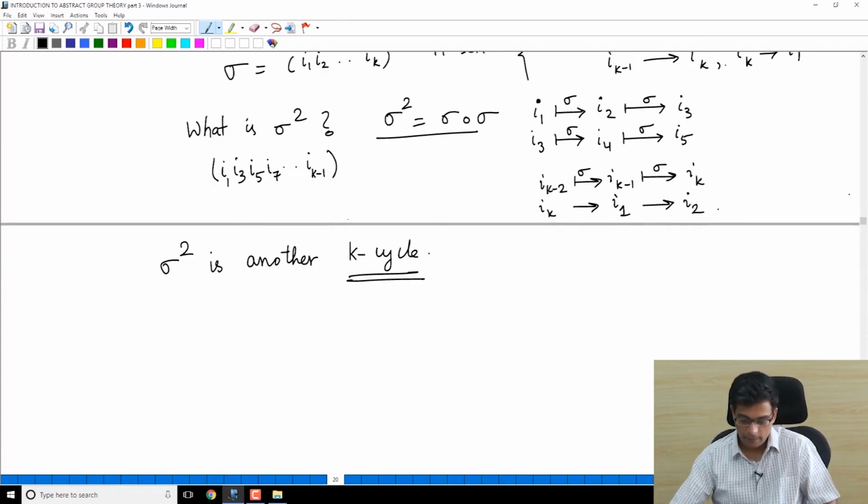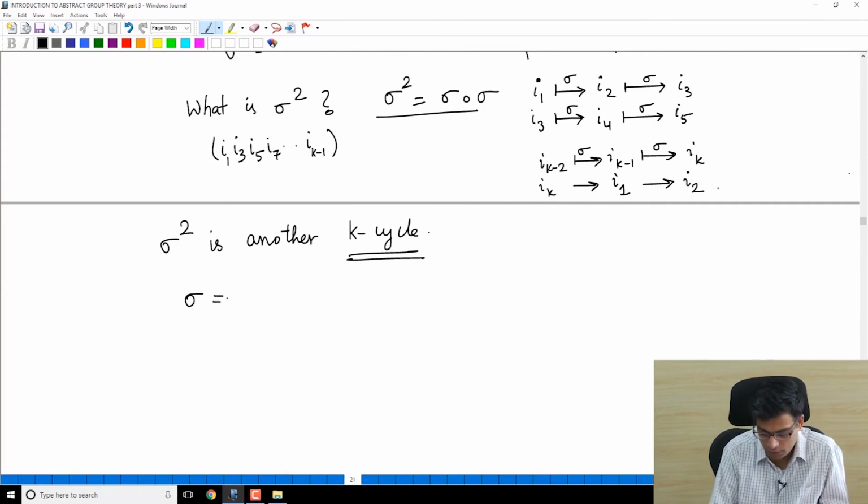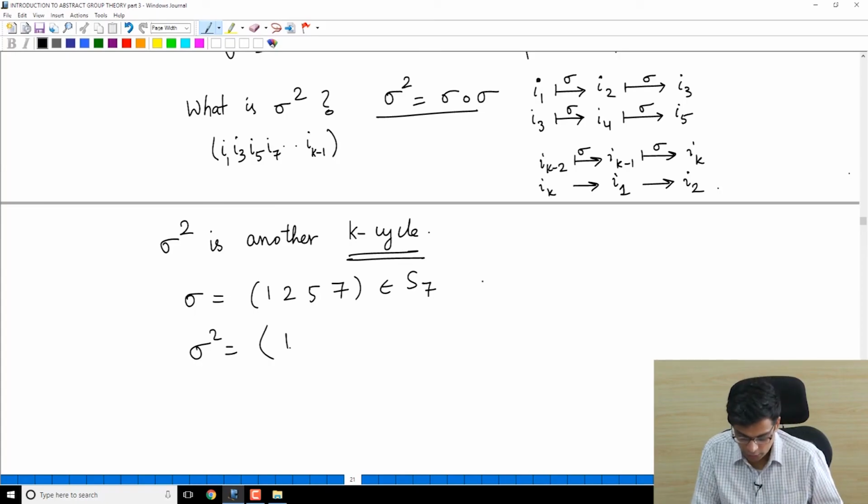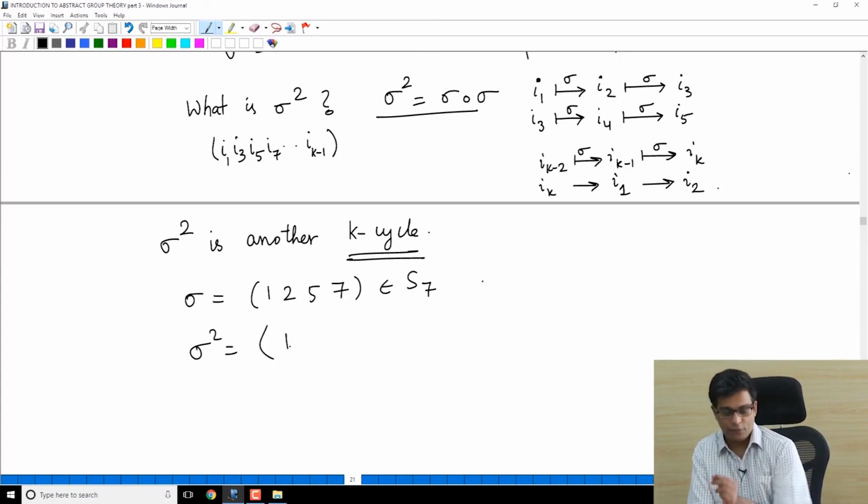For example, if I take sigma to be (1 2 5 7), let's say inside S7, what is sigma squared? I start with 1 and I just skip one step. So 1, 2, then 5. So it's 1 goes to 5. 5 goes to 7 under sigma, and 7 goes to 1.